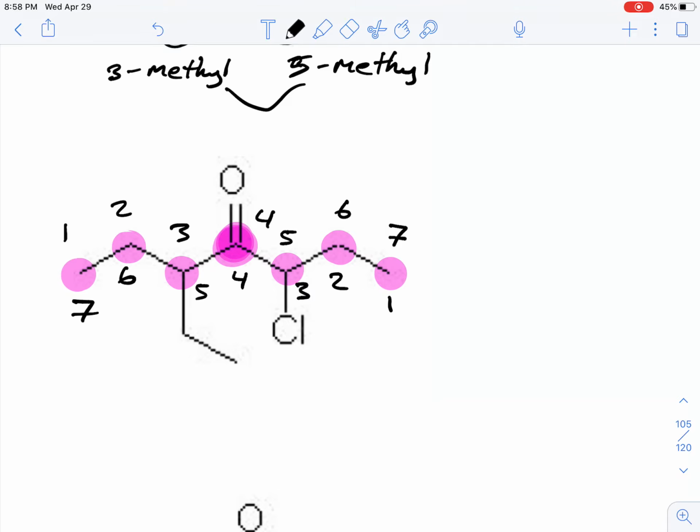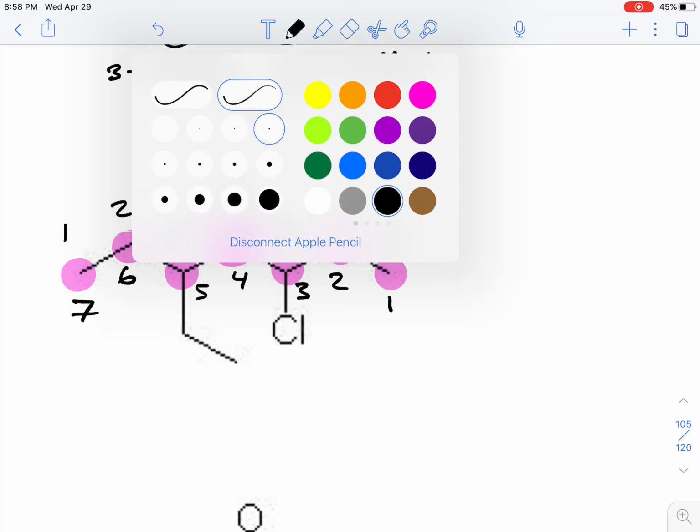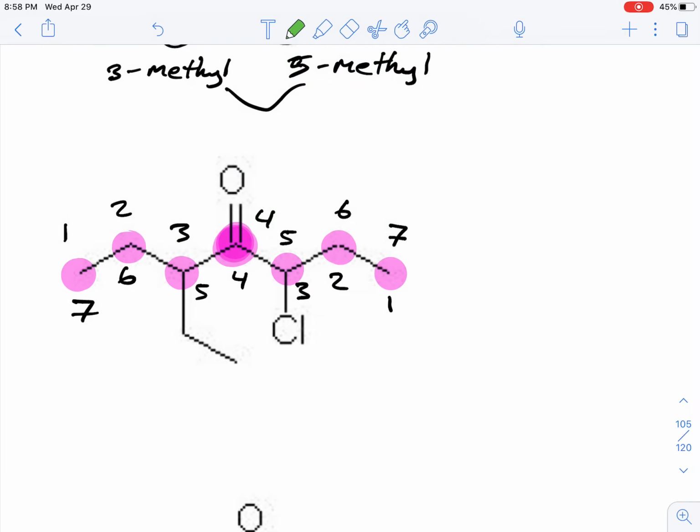So I'm going to go ahead and take a look at the values that I've written down. So here for my ketone, it's 4 and 4, so that's the same. Very similar to the previous problem. And so if I were to look on the left-hand side, notice I have a 3 and a 5. And if I were to look on the right-hand side, I have a 5 and a 3.